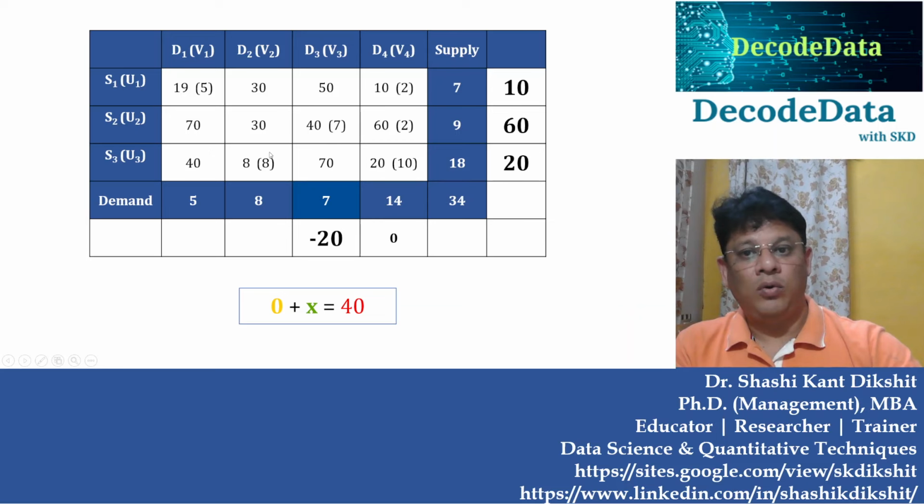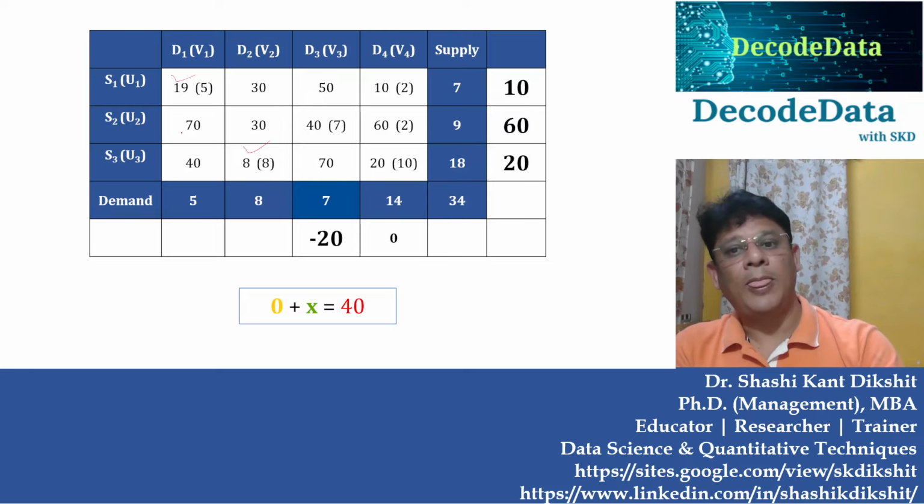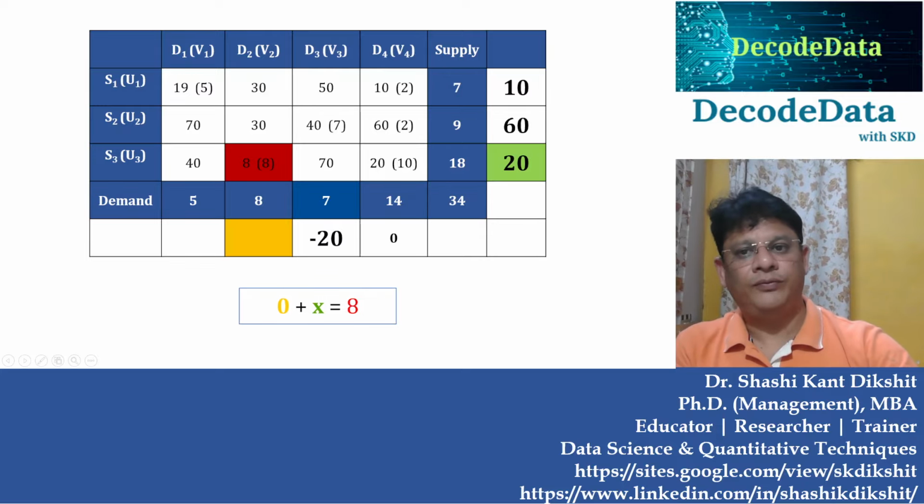Now we have two. This is the one, and this is the second one. Now let's take any one. Fine. I have taken this. Now this will be u3 plus v2 is equal to 8, right?